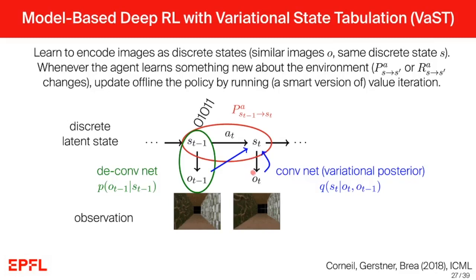One can train this convolutional network, that now maps observations to discrete latent states, through backpropagation by going through the latent state and back through the deconvolutional network to reconstruct images. In this way, with the backpropagation algorithm that you've seen, one can train the convolutional network that is here used to encode the raw observations as discrete latent states.